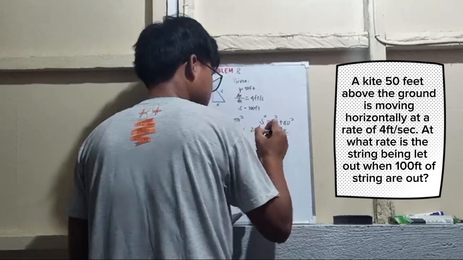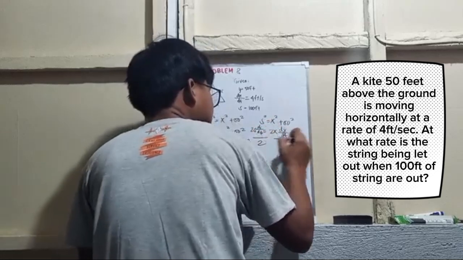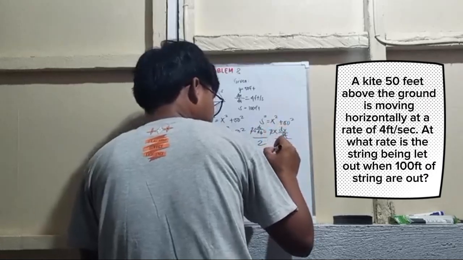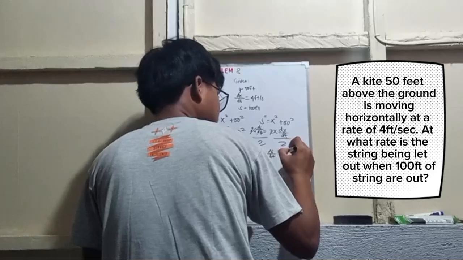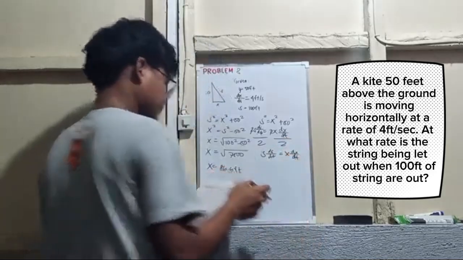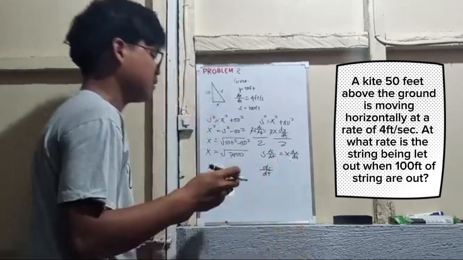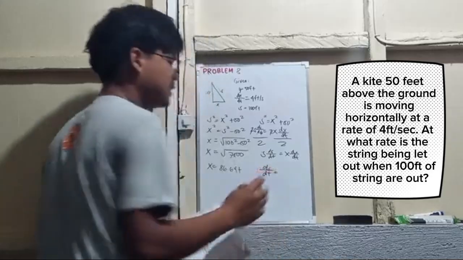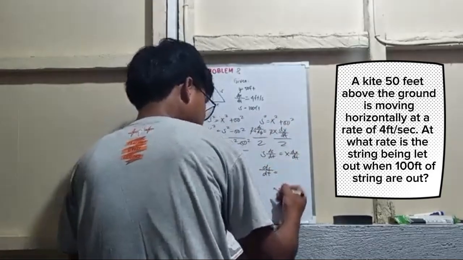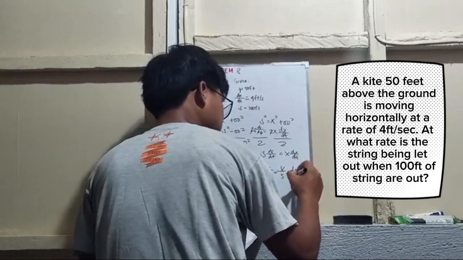Divide both sides by 2, so that will cancel. Since we are looking for ds over dt, we'll transpose the s to the other side so that we can find the value. So ds over dt is x over s times dx over dt.